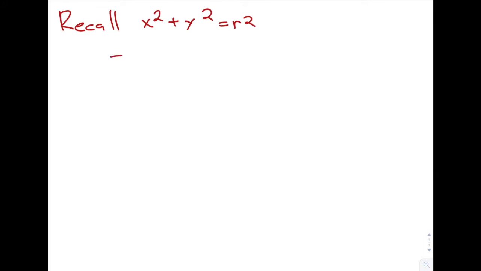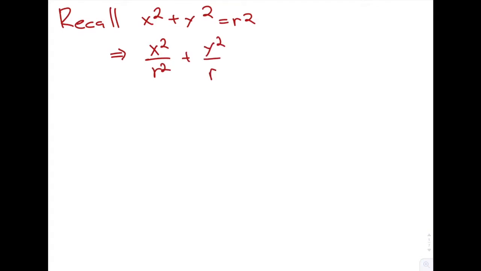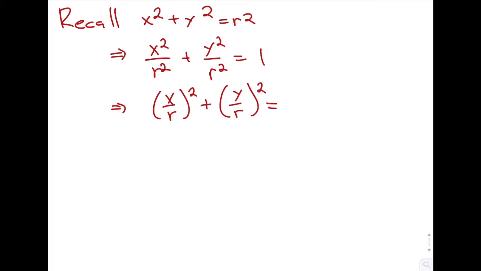First, let's say that this implies x squared over r squared plus y squared over r squared equals 1. So we've just divided everything by r squared. So this means that (x over r) squared plus (y over r) squared equals 1.